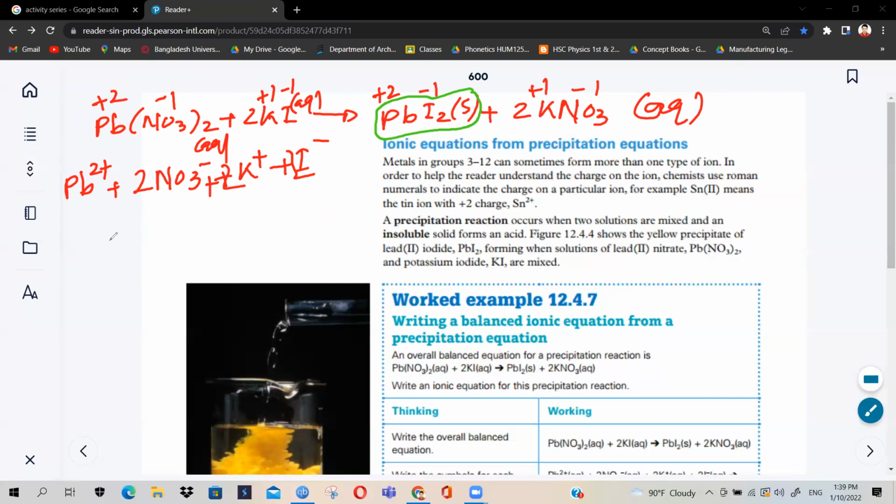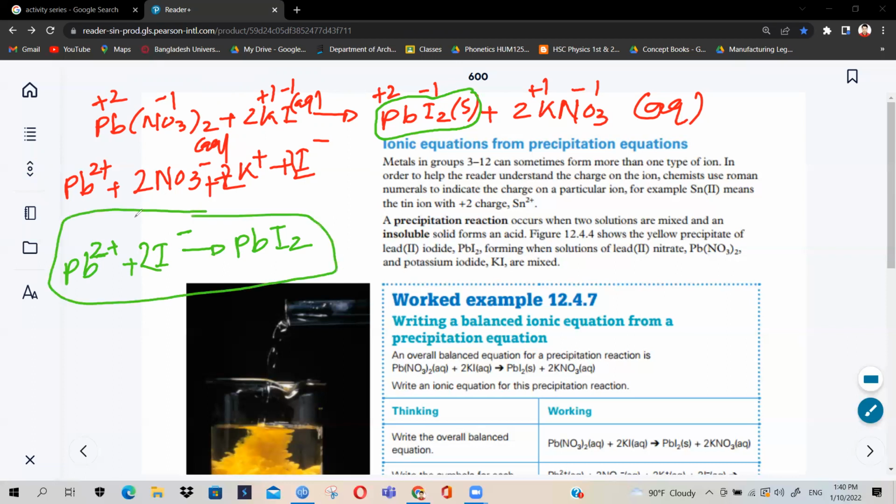Lead, Pb2+. And then iodide, I-, here we will see a -1. And just write PbI2. There, that is it. So we did it the hard way first, and this is the easy way. That makes so much sense. Very easy.